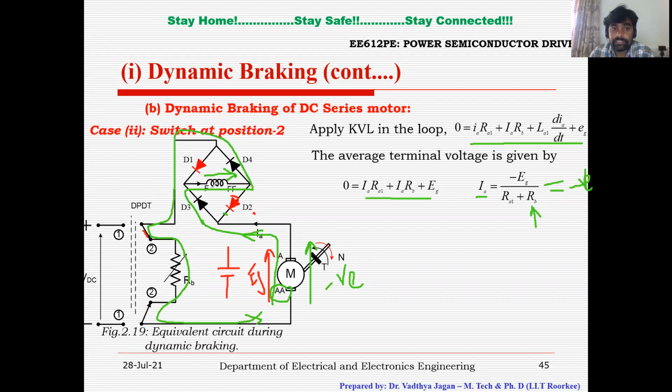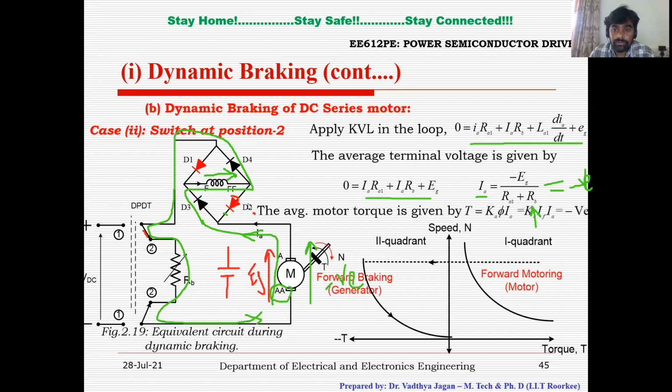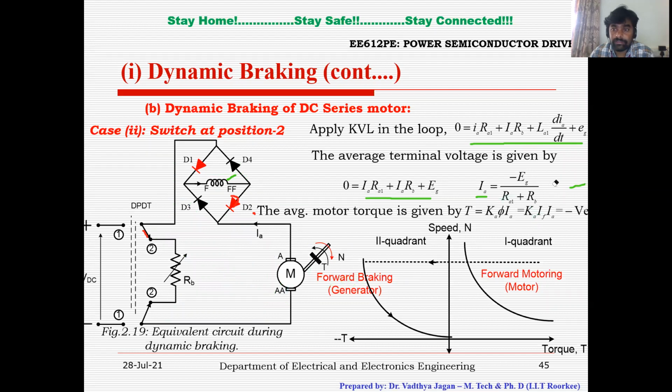But if you see the direction of field current, it is always from F to FF. So now what is torque? Torque is a product of the field current and armature current.